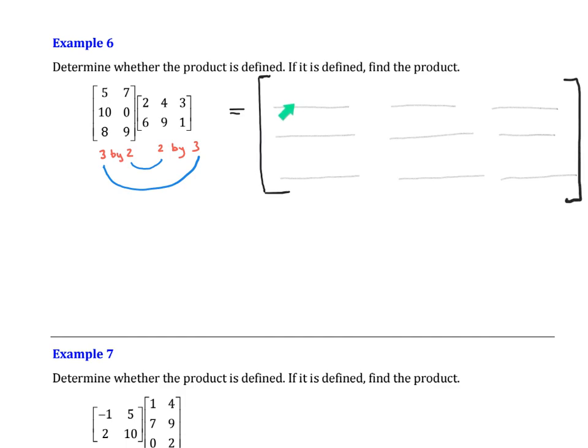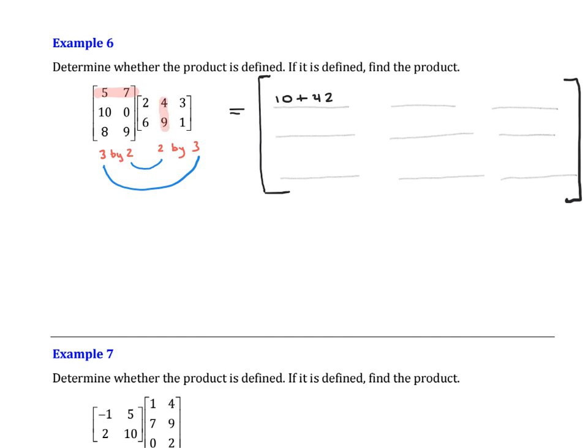So now let's look at the first row, first column. We have 5 times 2 and 7 times 6. Now let's move to the first row, second column.